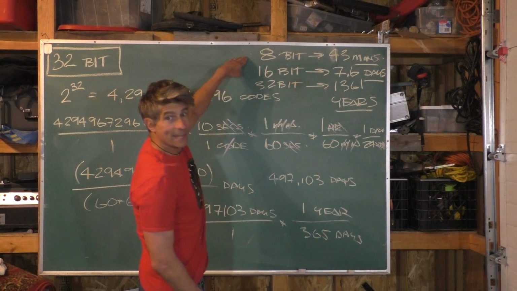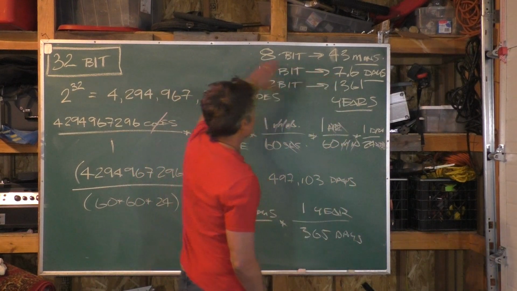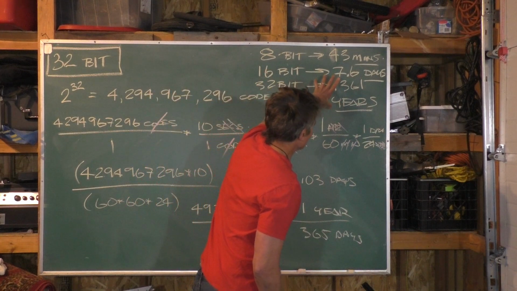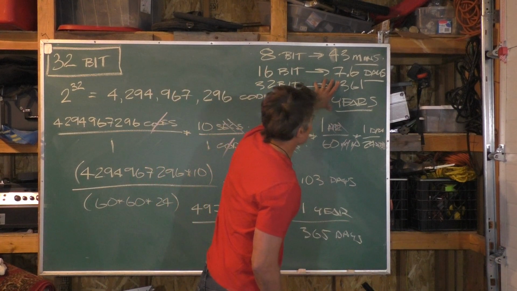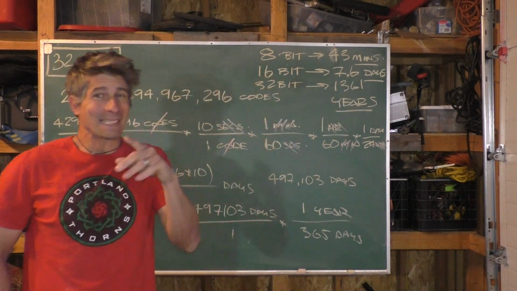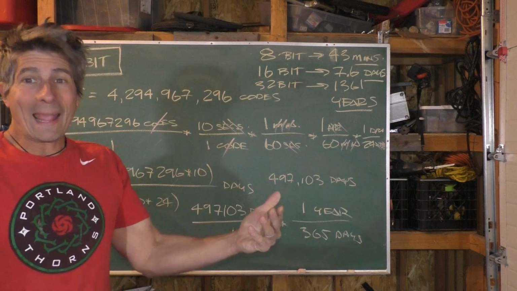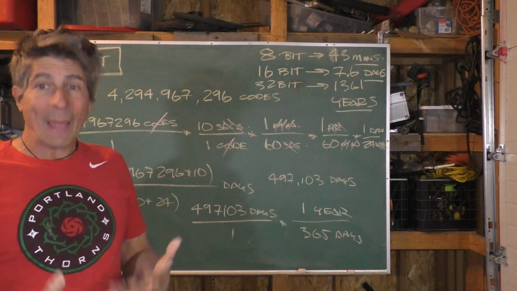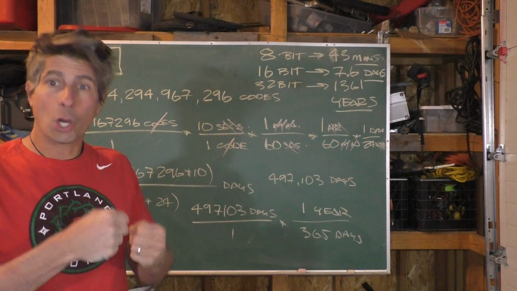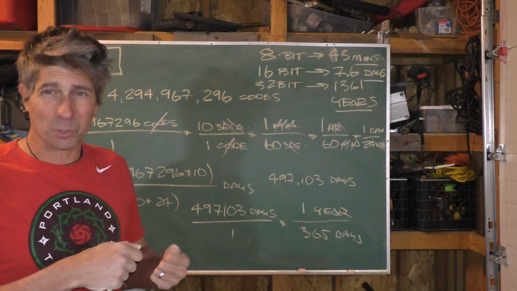43 minutes for 8-bit, to 7.6 days for 16-bit, to 1,361 years for 32-bit, and now you're starting to see, hopefully, why people keep telling you to change your password. Computers are very, very good at cracking the code on these kinds of passwords.